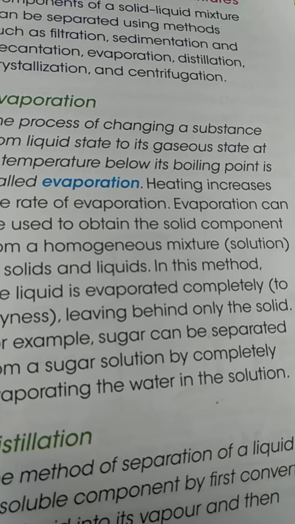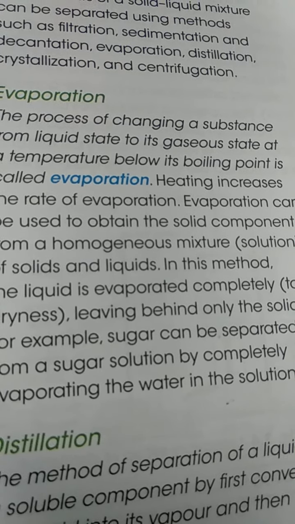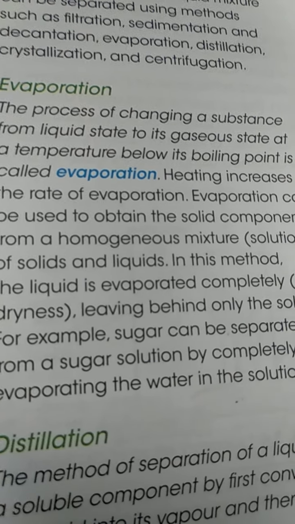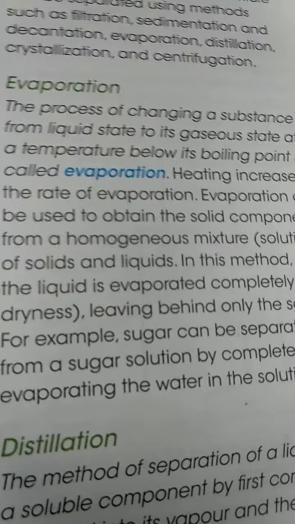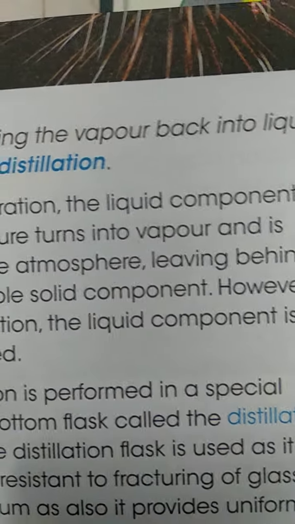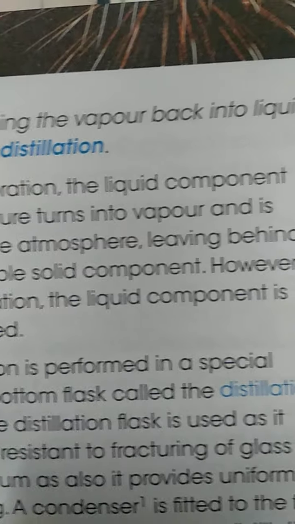Next one is distillation. In this method, a liquid is separated from a soluble compound by first converting the liquid into its vapor and then condensing the vapor back into liquid. This is known as distillation.